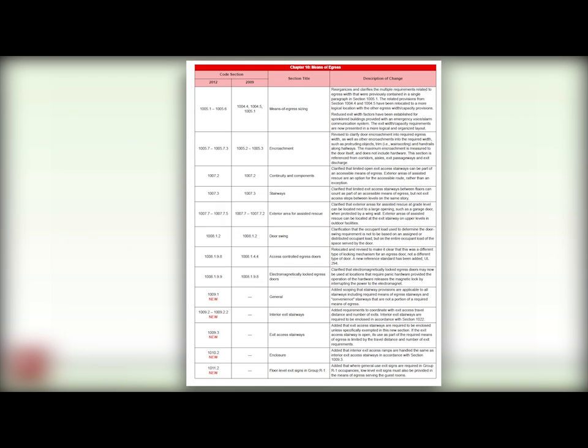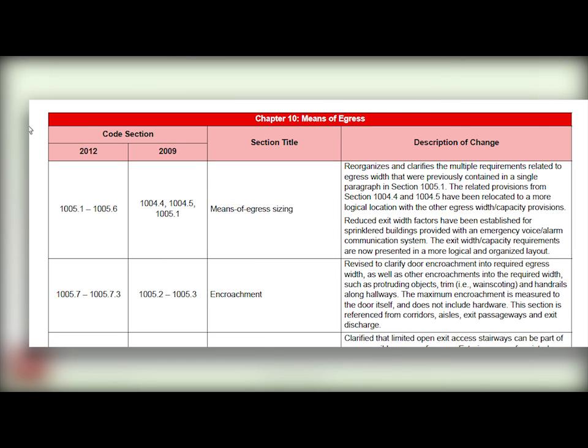The other significant change for Chapter 10 is the reduced egress width factors for sprinklered buildings that were in the IBC and IFC for the 2000 to 2006 versions were removed in 2009, the table that allowed a reduced width for sprinklered buildings.